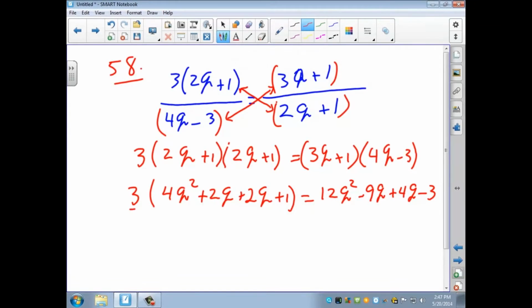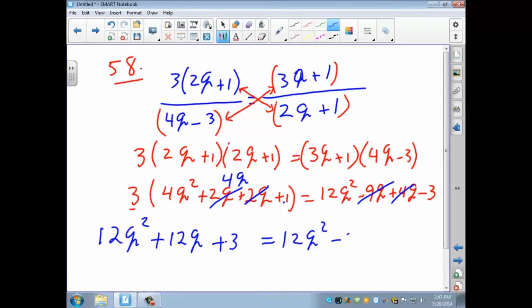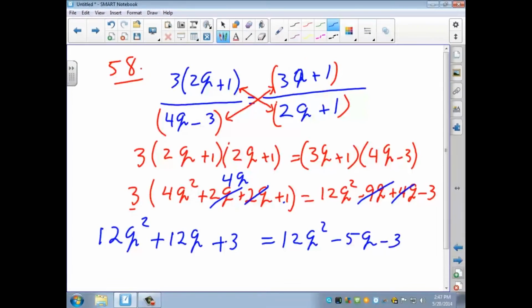So on the left hand side you multiply this 3 by the parentheses, so it would be 12q squared. Well, 2q and 2q is 4q, so it would be plus 12q, and 3 times 1 is plus 3, equal 12q squared, minus 9q plus 4q is minus 5q minus 3.